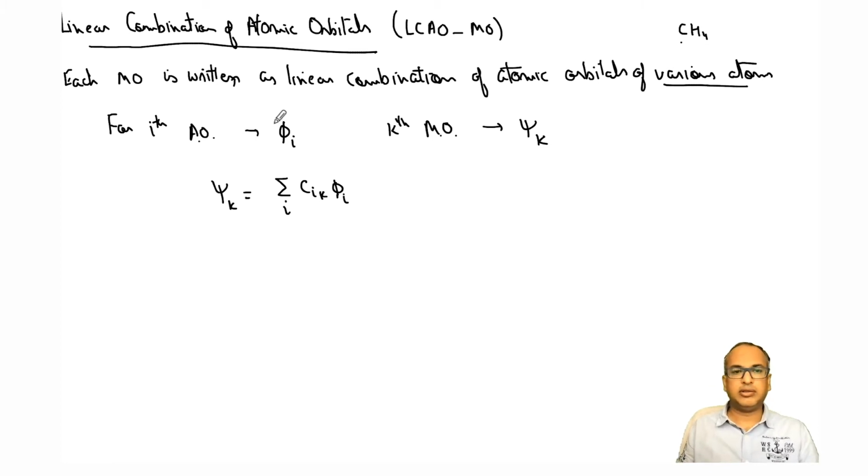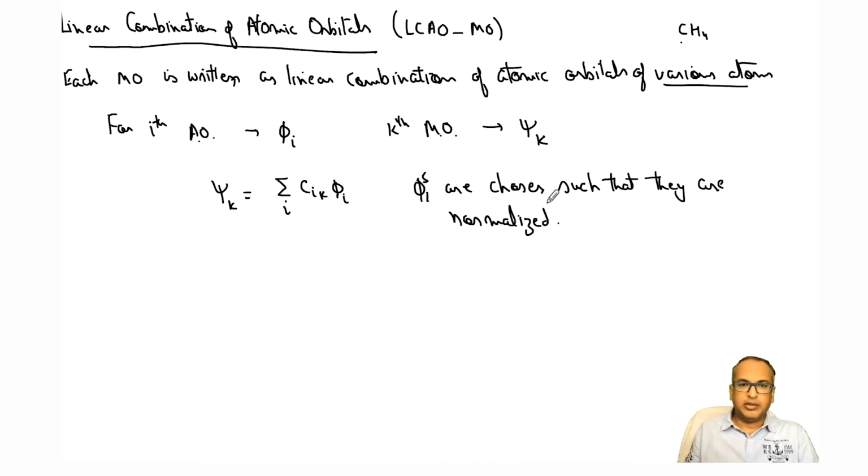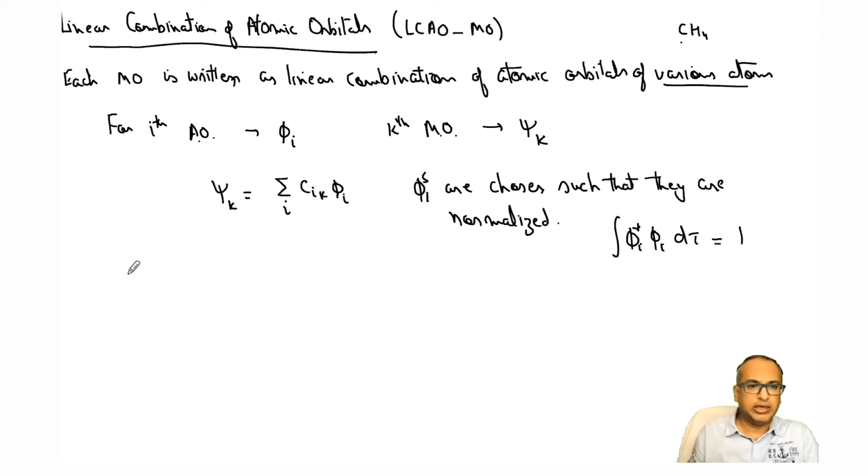This is the free atom we are talking about. Also, phi i's are so chosen that they are all normalized. Otherwise, we will have to normalize them when we solve it. That means the integration of phi i star phi i over space d tau should be equal to 1. This is the normalization condition, right?